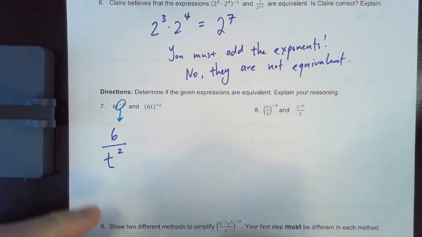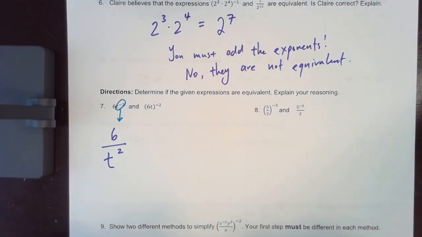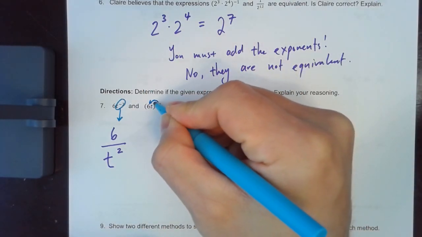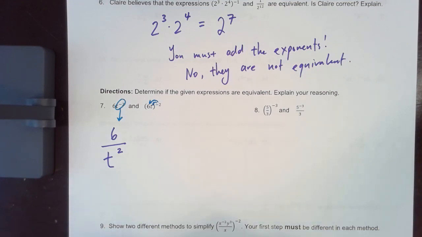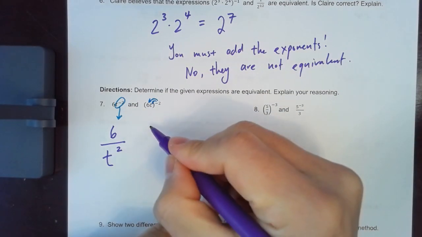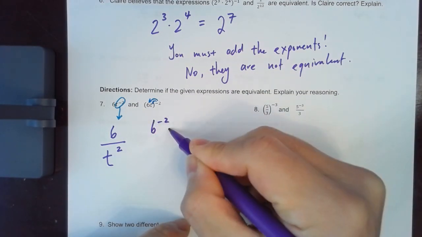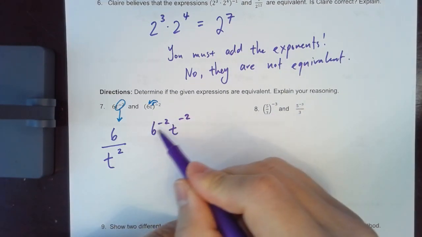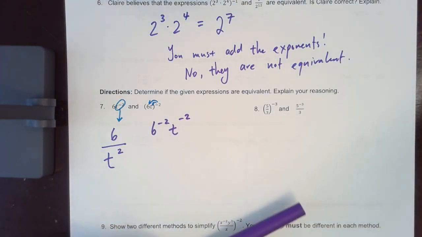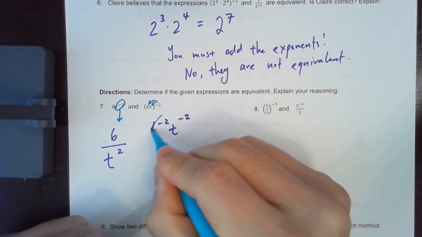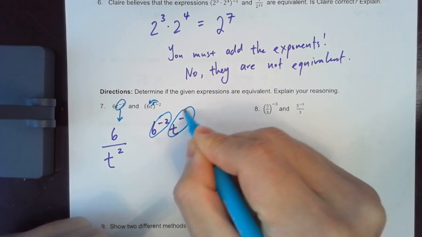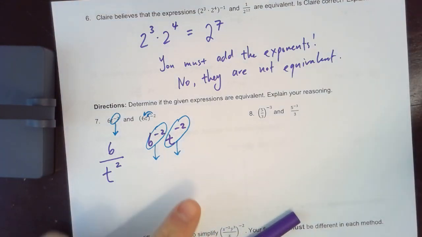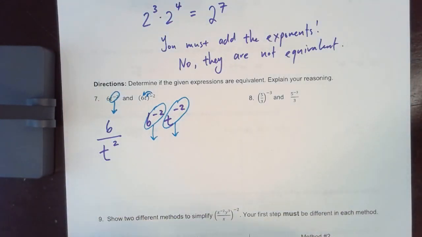Whereas in this situation, the negative 2 has to be distributed to every term on the inside, and you end up getting 6 to the negative 2, t to the negative 2, right? So technically, both of them are negative, and that means they both have to switch to the other side now, right? I'm going to draw this animation, but really it just means that you're switching both bases.